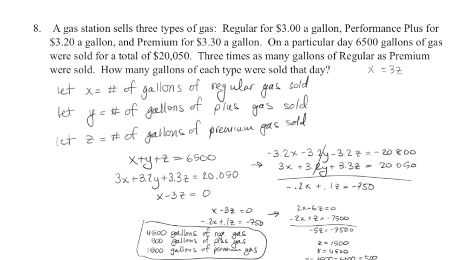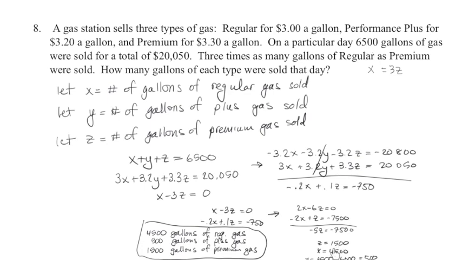So now x eliminates, and 6z minus 6z... negative 5z, so then z is 1500. And according to this statement, 3 times as many gallons of regular as premium. So if the number of premium was 1500, then 3 times that is 4500. So that's regular gas. And then there's only 6,500 gallons to go around that day.